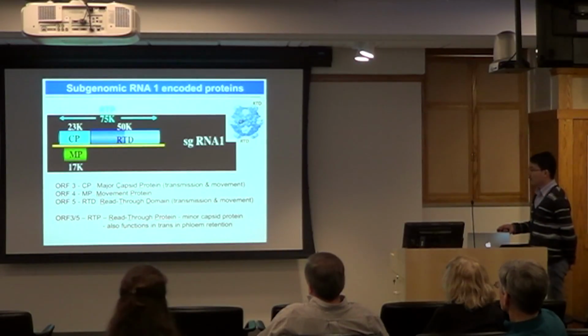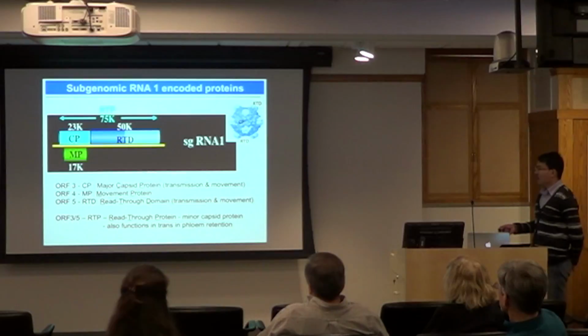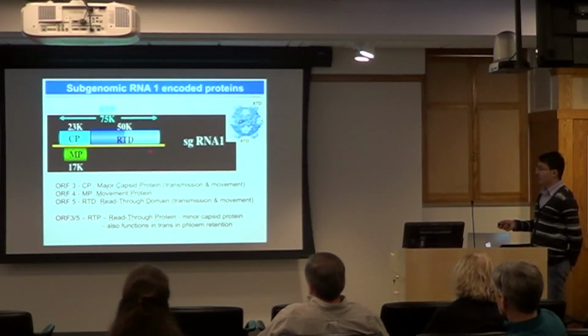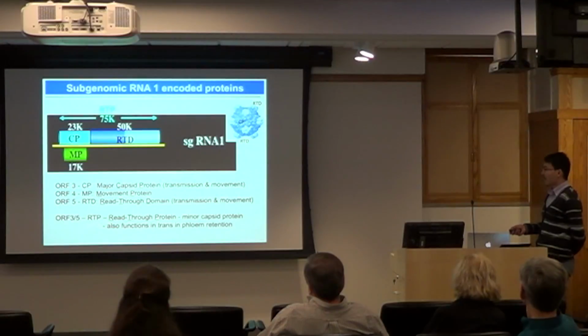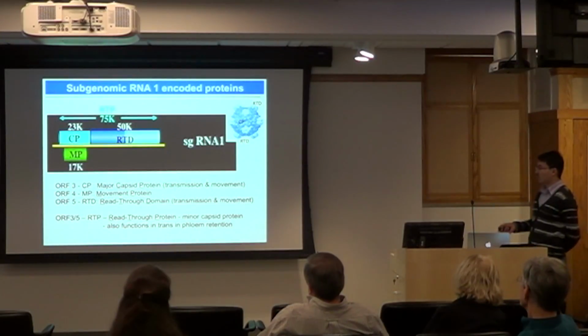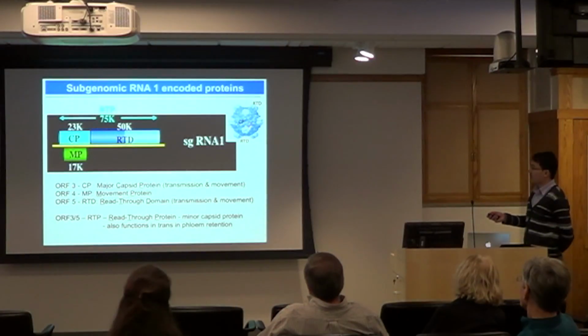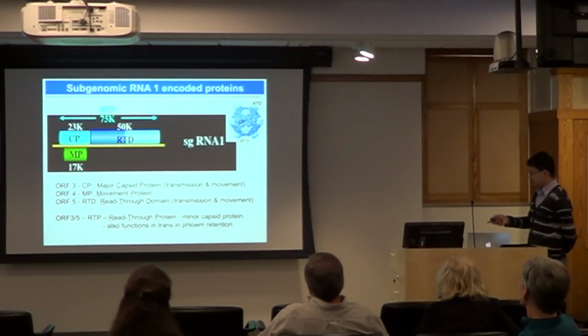The read-through protein, RTP, is produced by read-through of the CP stop codon, generating a very large protein of about 75 kilodaltons. This protein has been very extensively studied. Our former work found that this protein functions in phloem mutation. This protein is on the surface of the virion structure. You can see this is the RTD domain.